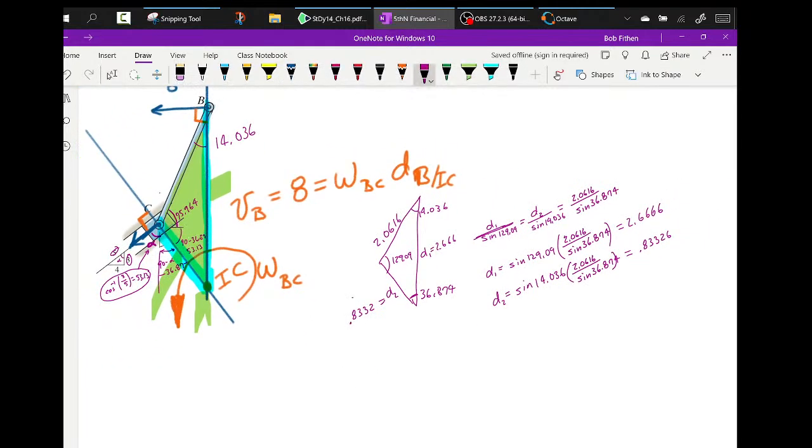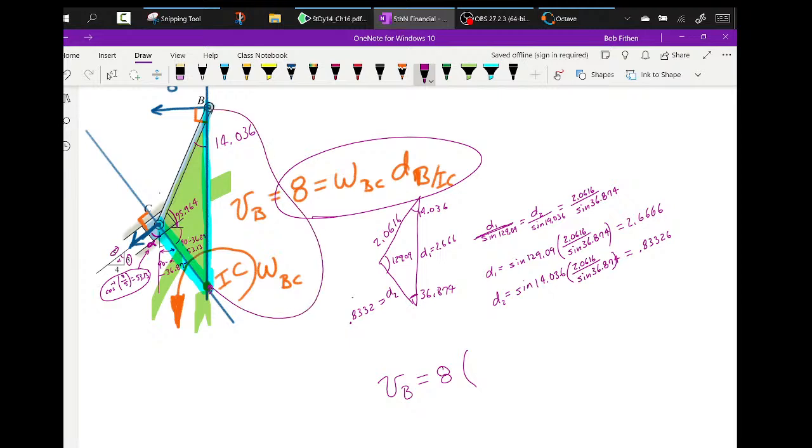I can figure out that velocity of point C is going to be, well, first I need to do the B. Velocity of B is equal to 8 from the last time, times the distance from B to the instant center, which there's B and there's your instant center.